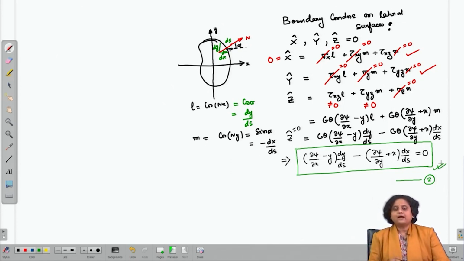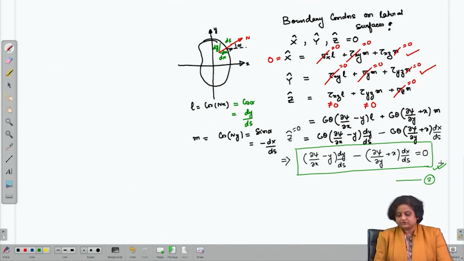Now, therefore, we have two criteria imposed on the warping function psi.